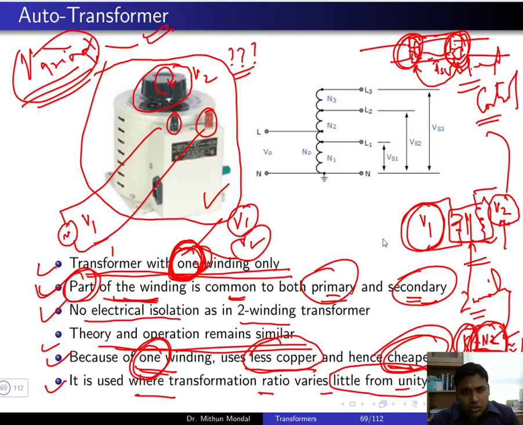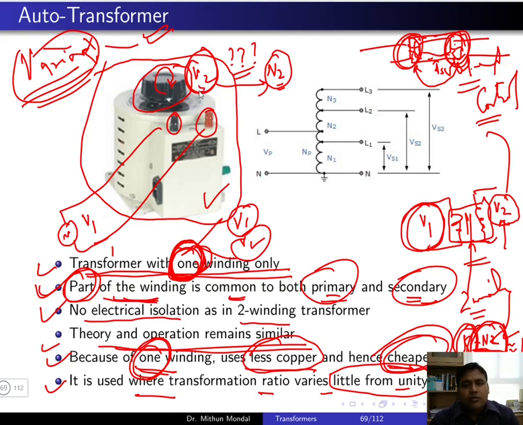Now, as we are controlling V2 slowly, this V2 is being controlled by changing the number of turns in N2. By changing the number of turns in the secondary winding N2, you can control the secondary voltage V2.